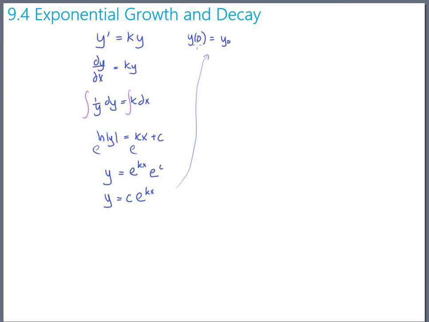should be that when I plug in 0 for x, I get y0 for y. So let's plug that in. Say y0 is c e to the k times 0. K times 0 is 0, of course. E to the 0 is 1.